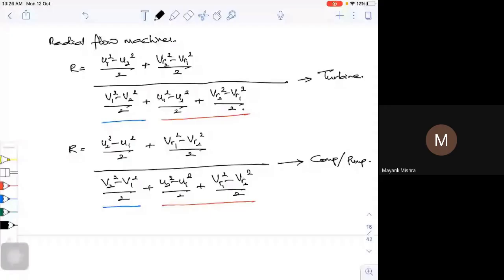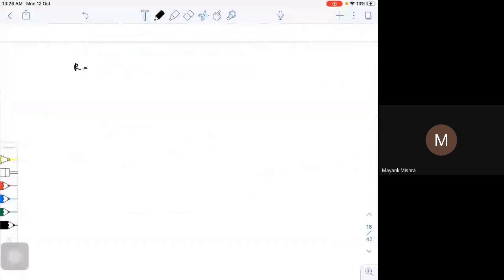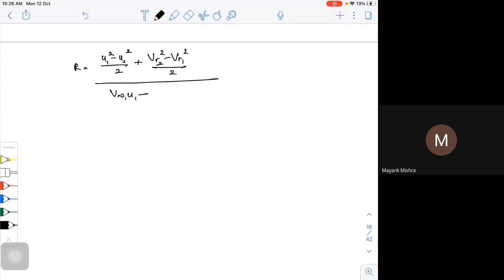If I want to do that, I can simply write for a turbine something like this. R is equal to U1 square minus U2 square by 2 plus VR2 square minus VR1 square by 2, simply divided by VW1 into U1 minus VW2 into U2.